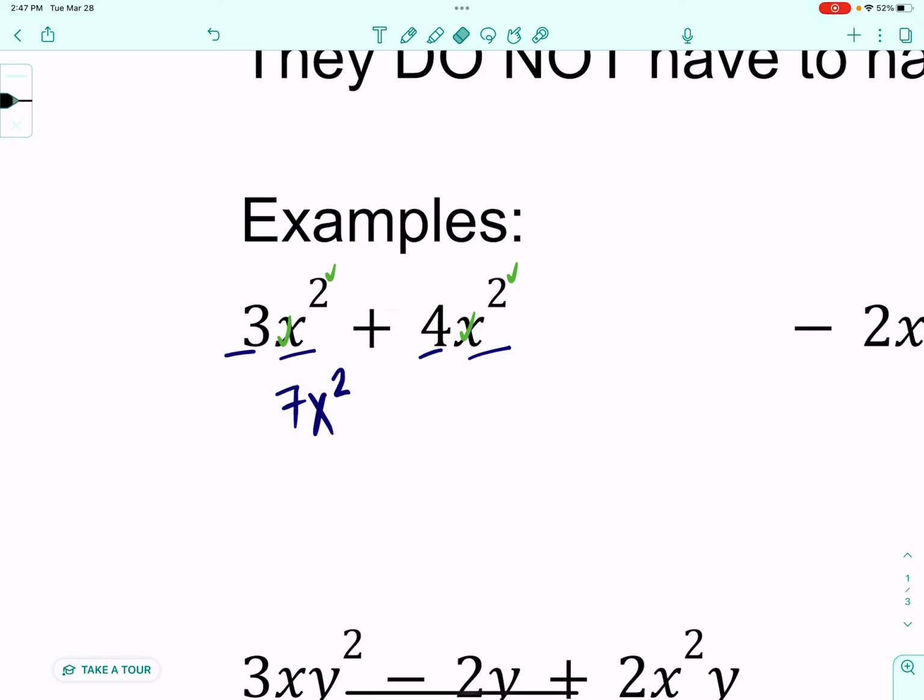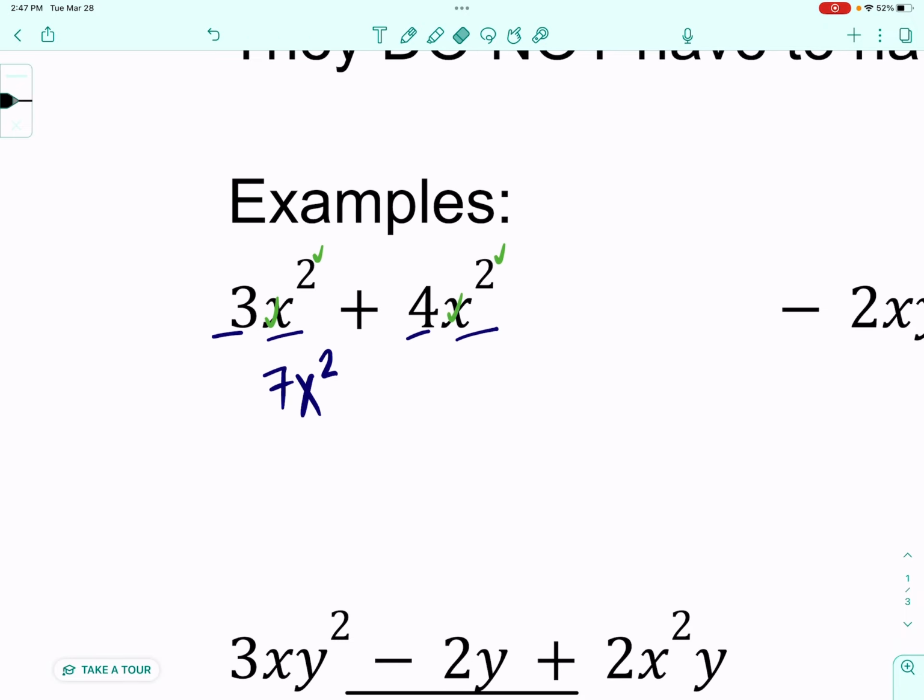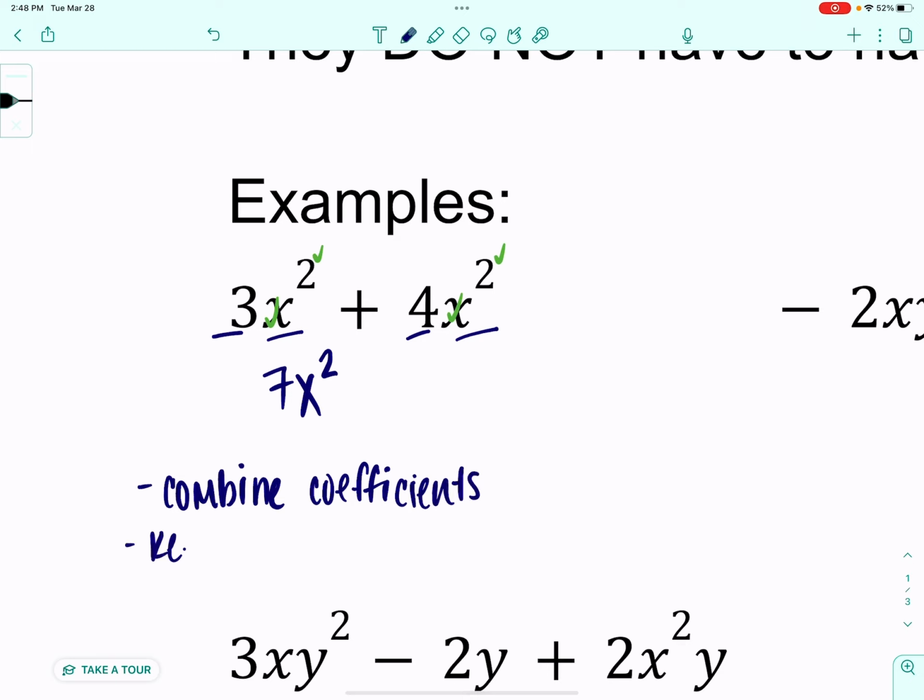The type of laundry in each pile doesn't change just because you put more in the pile. So what we're really doing is we are combining the coefficients and we're keeping the variables the same.